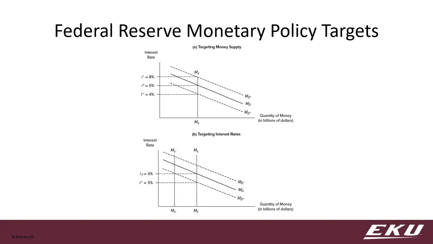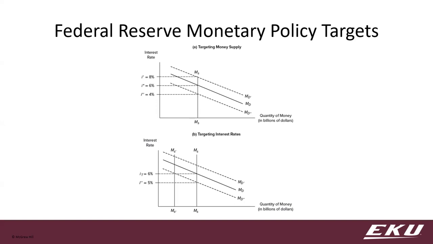As there's a higher interest rate, there'll be less demand. And if we are trying to change our money supply, which is the vertical line there, and I'm going to say this is what money supply is, I need to let the interest rates move to wherever they need to be based on what the demand is for that given supply.